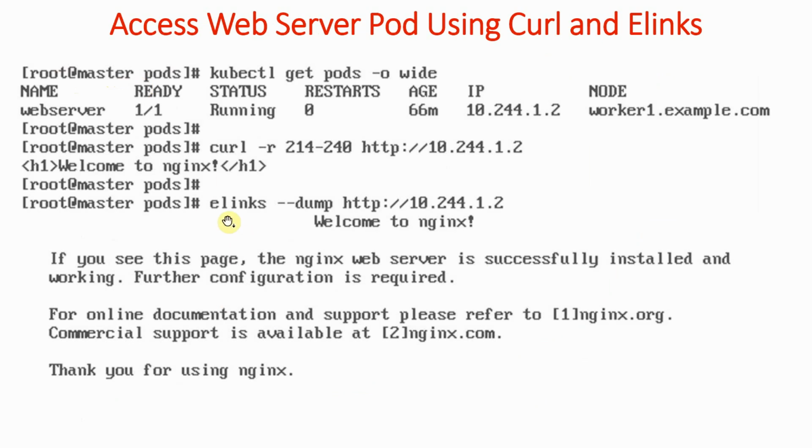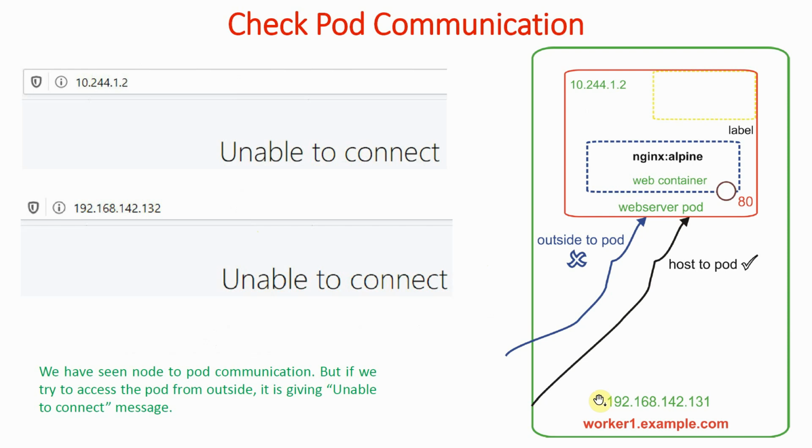And when we were running elinks, again on the VM itself. So this denotes that from host to pod, that means from the Kubernetes master VM or the Kubernetes W1 VM, when we try to access, that communication is possible. So let us summarize this. We have seen node to pod communication, but if we try to access the pod from outside, it gives an unable to connect message.